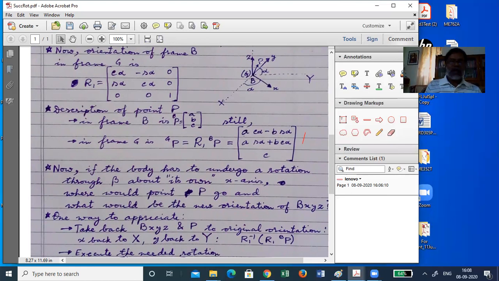Then you give the usual rotation about the x-axis to that, and then bring it back.